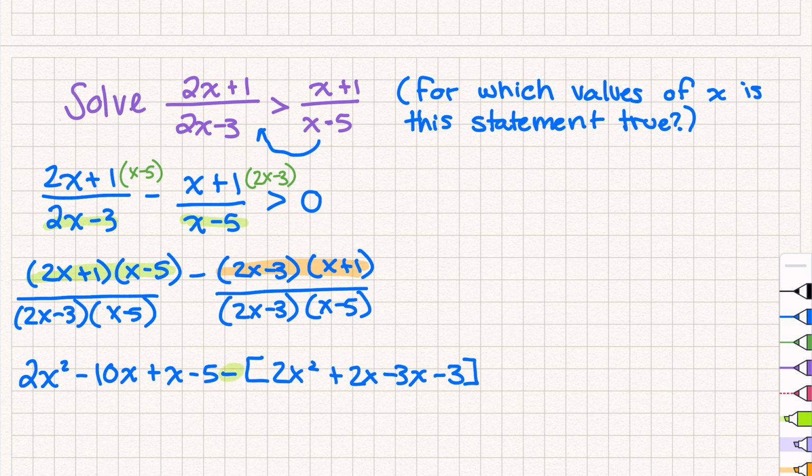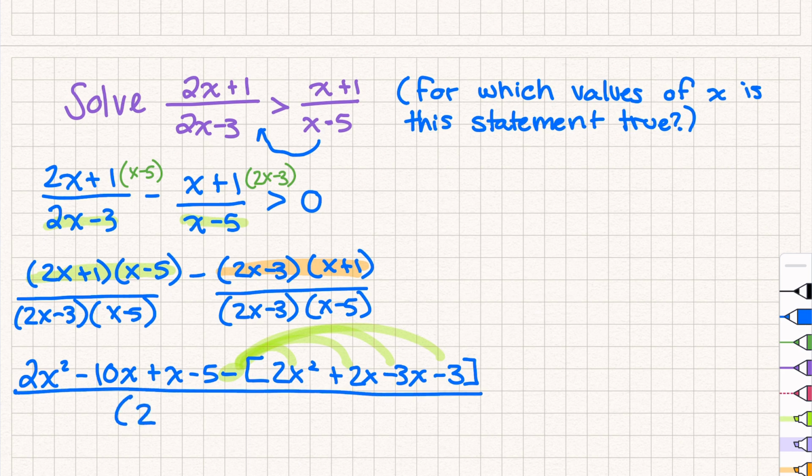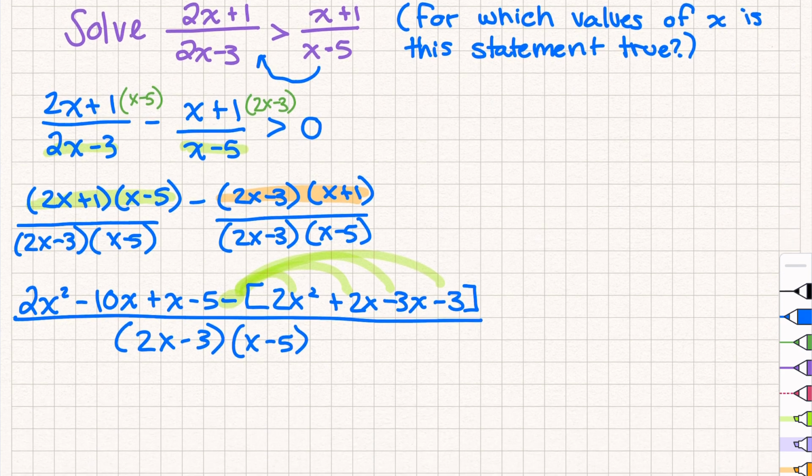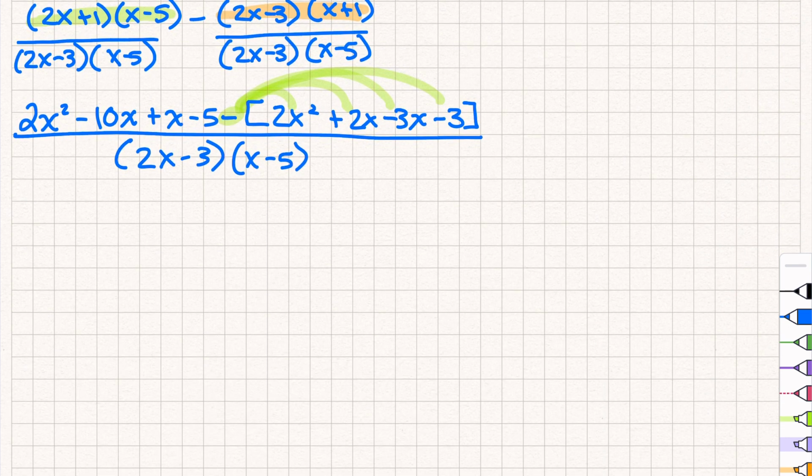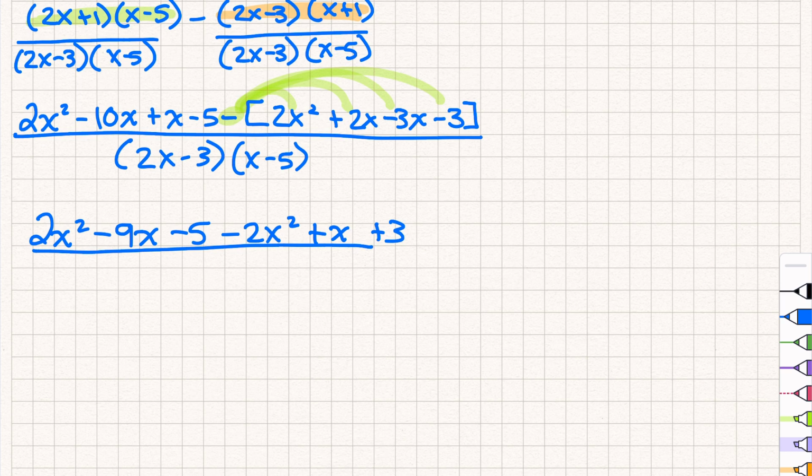Now, don't forget we have to distribute this negative into all four of these terms. So then we have 2x squared minus 9x minus 5, and then minus 2x squared plus x plus 3. And this is greater than 0.